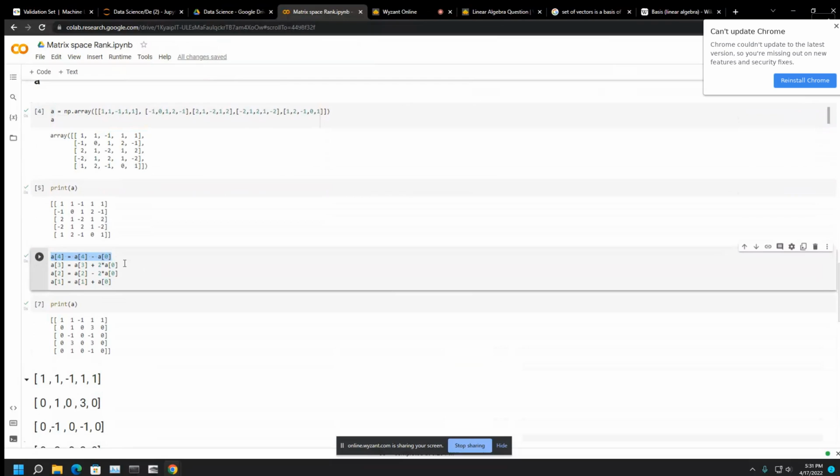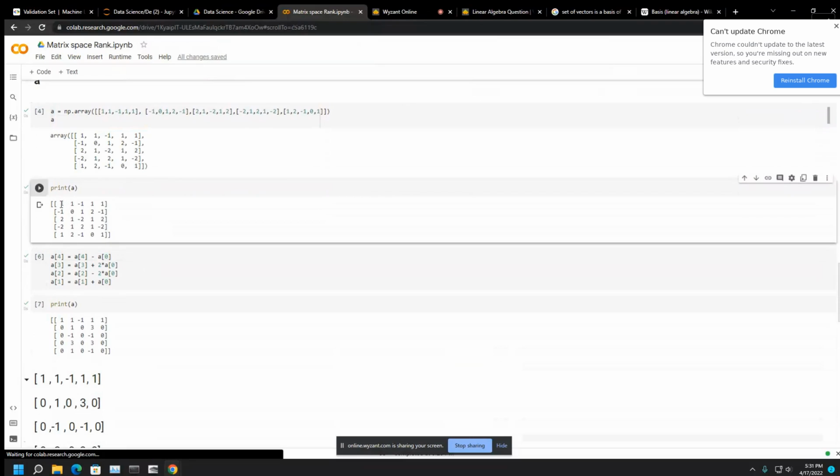Since Python uses a zero-based index, that's why I'm using 0. So that's going to be 1 less than the row number in real life. But anyway, I'm subtracting this first row from the fourth row. So you're going to get this 1 will become 0, this 2 will become 1, this minus 1 will become 0 as well, and so on.